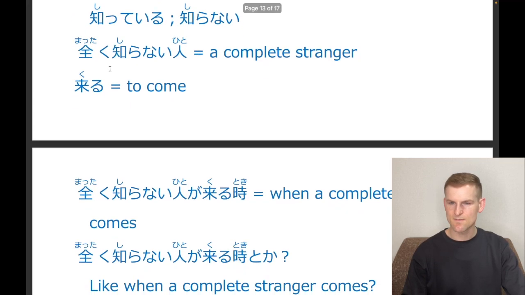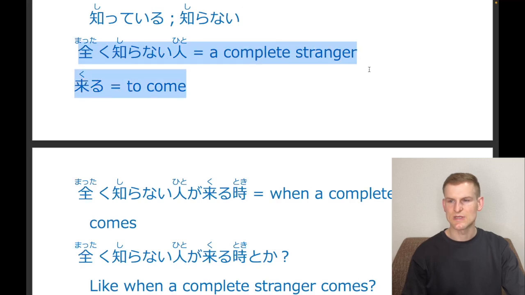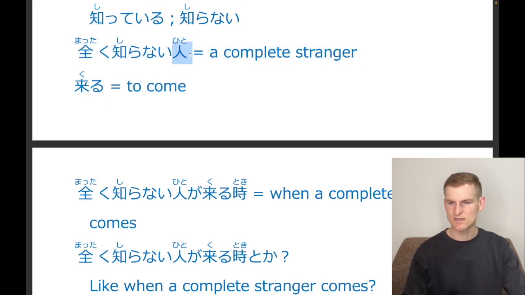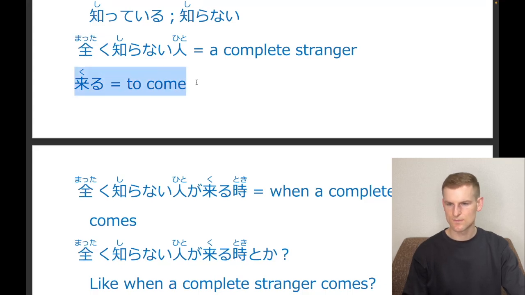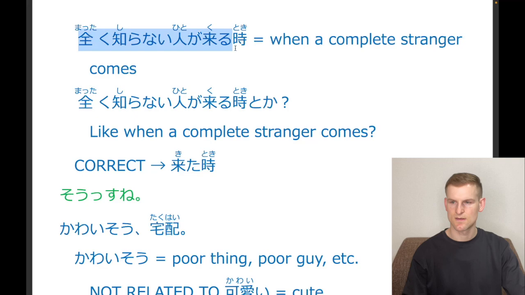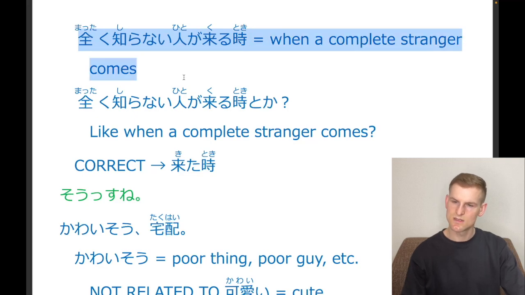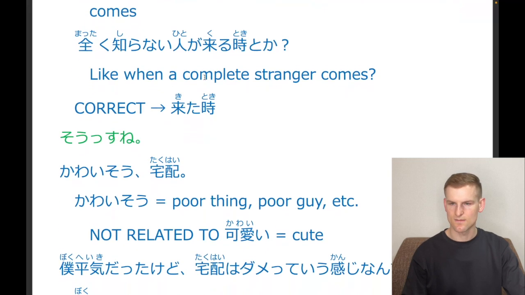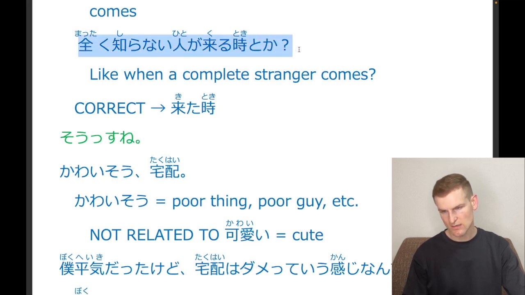Okay, so put everything together. 全く知らない人, a complete stranger. Like literally, it's a person, 人, you completely don't know, 全く知らない, but we would say stranger in English, right? So 来る, to come. Already looked at that one actually. So 全く知らない人が来るとき, when a complete stranger comes. And then we add とか. 全く知らない人が来るときとか.